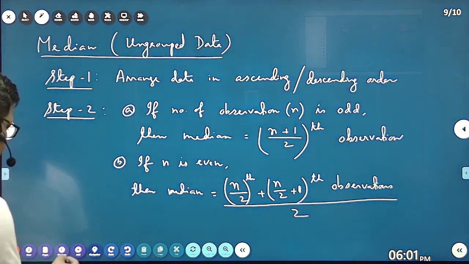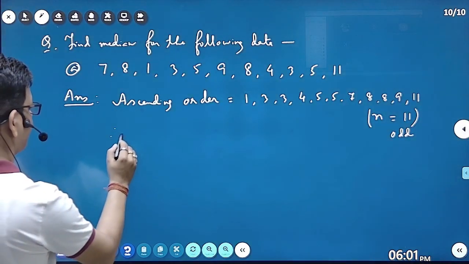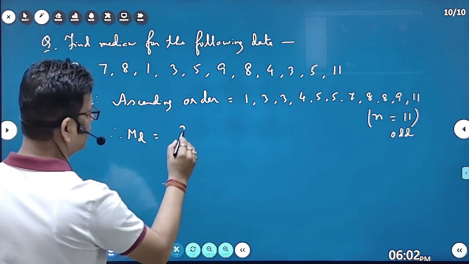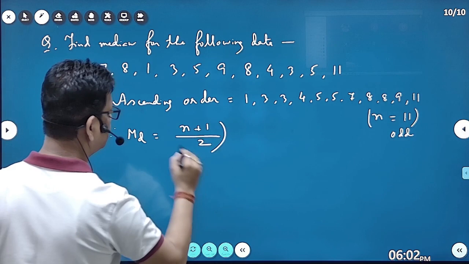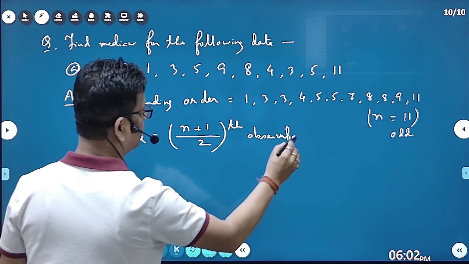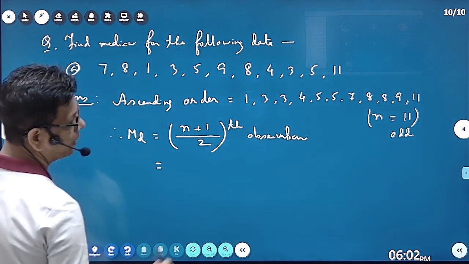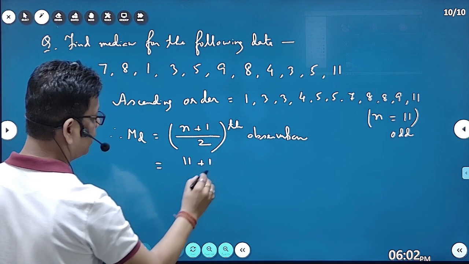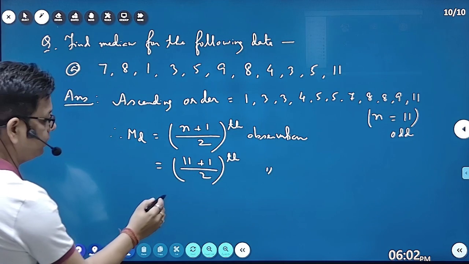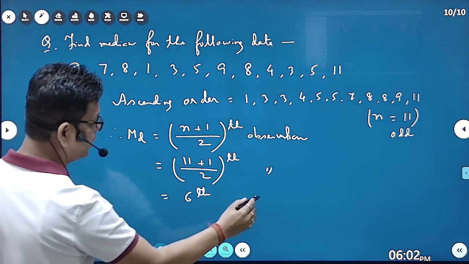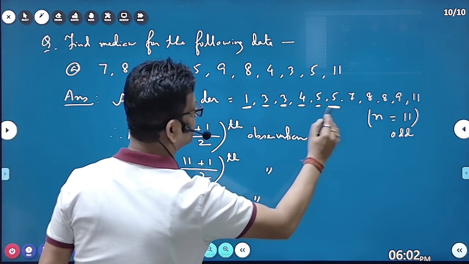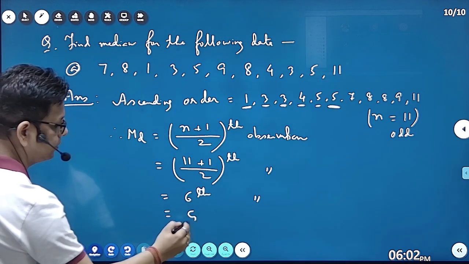Median, MD, equals the n plus 1 divided by 2 observation, that number wherever it is. n is 11, so 11 plus 1 is 12, divided by 2 means the 6th observation is to be taken. Counting 1, 2, 3, 4, 5, this is the 6th one. So that is the answer.